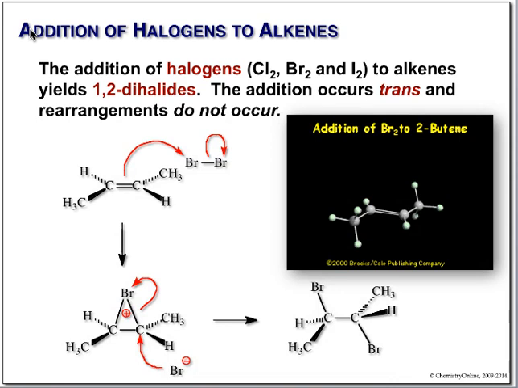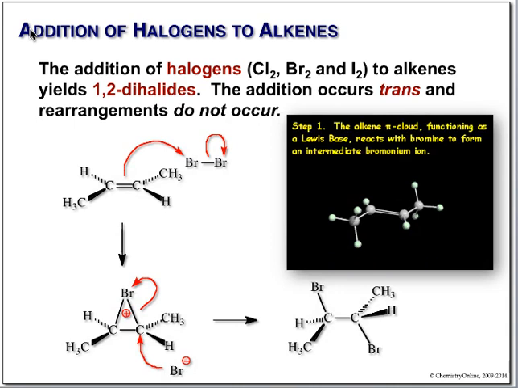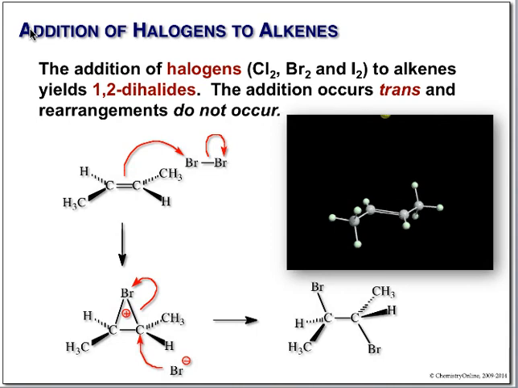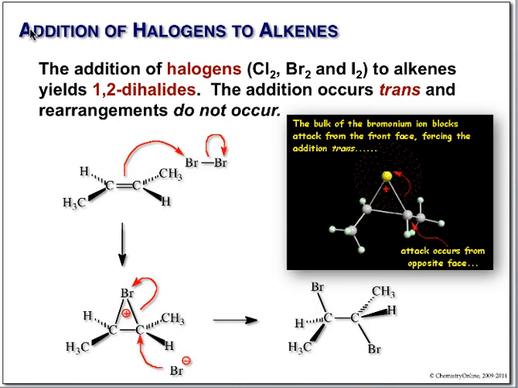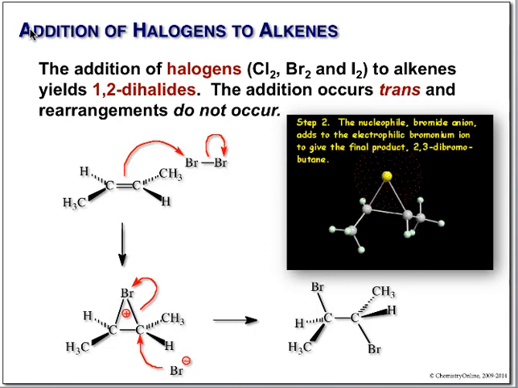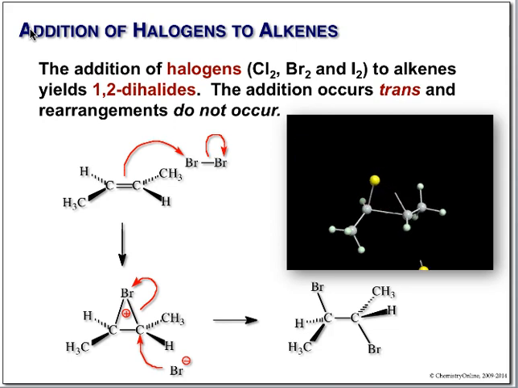This is going to be the addition of bromine to 2-butene. Step 1. Our bromine is going to attack. This breaks, and we get our bromonium ion intermediate. Remember, this is big. Step 2, Br minus attacks from the bottom, and we get trans 1,2 dibromide.